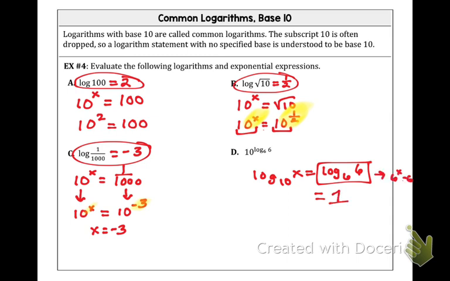So the whole thing is 1. So now we have log base 10 of x, so 10 to the first is equal to x. Converting it tells me that x has to equal 10. So this whole thing is equal to 10, which would make sense because 10 to the first is 10.